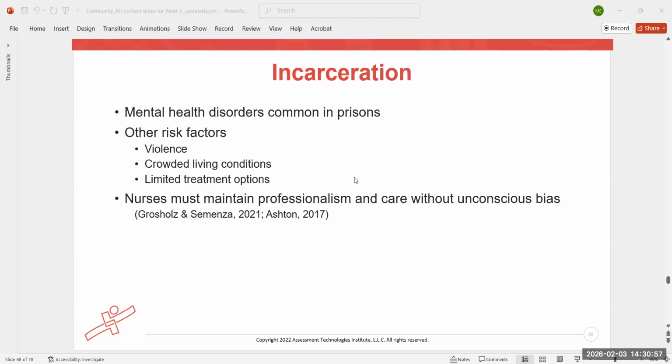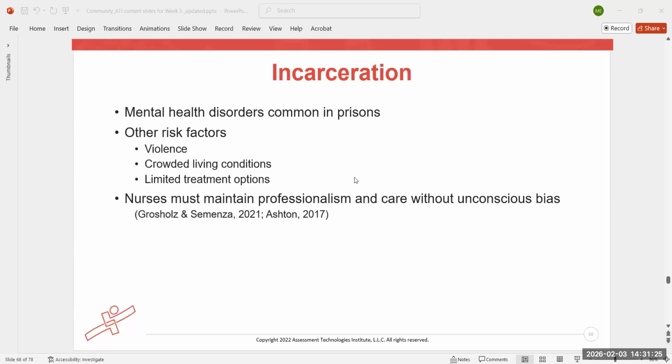There's other risk factors like violence, crowded living conditions, limited treatment options. So think about the risks associated with communicable disease. You do want to make sure that you maintain professionalism and care without that unconscious bias, right? Treat everybody with equal care and lack of influence of your own thoughts.